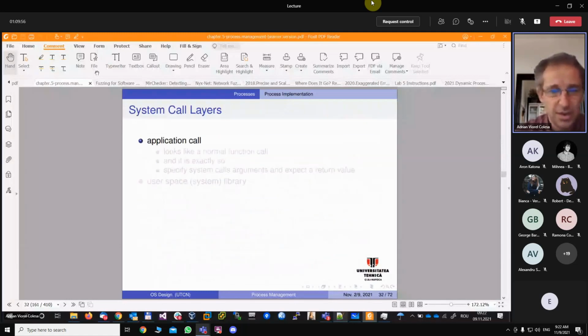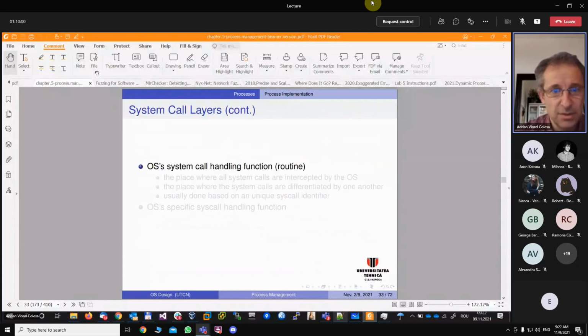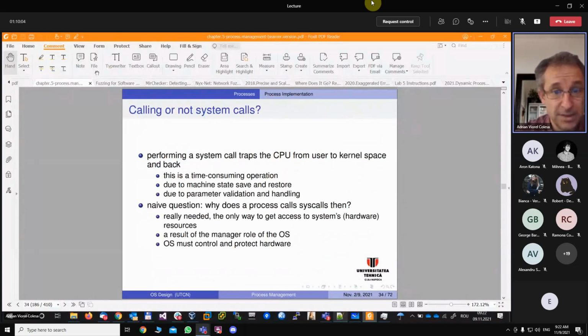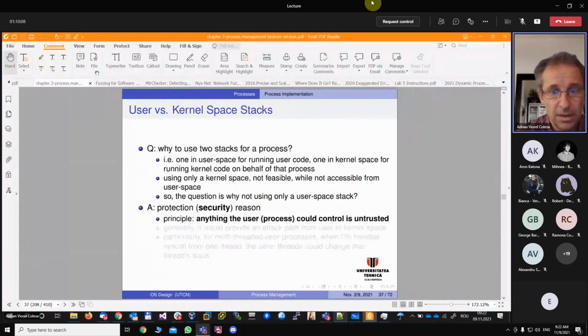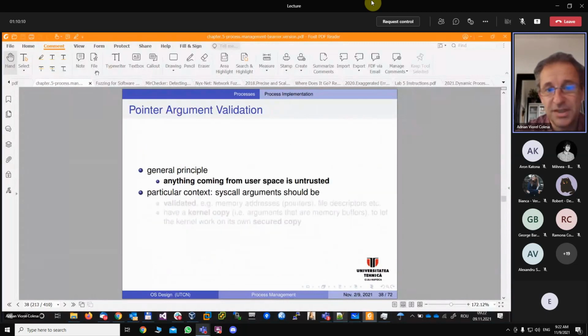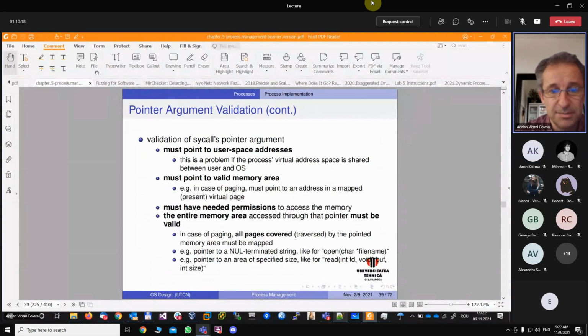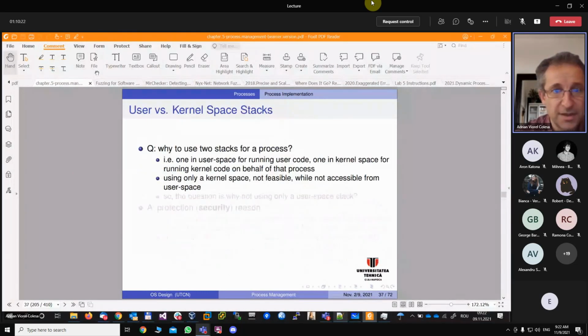It's something that I will let you look at by yourself. System call layers, that's another aspect which I should talk to you about. Pointer argument validation, here is where details are given about the aspects I told you about.